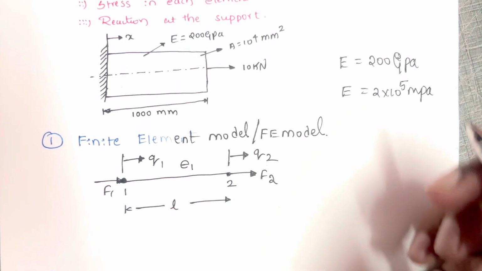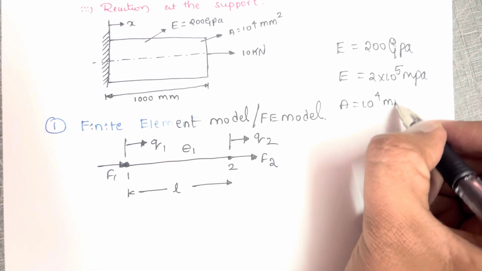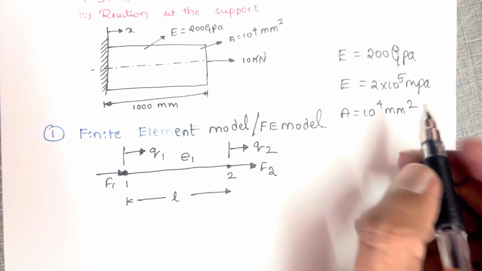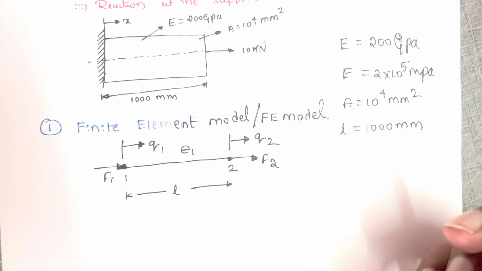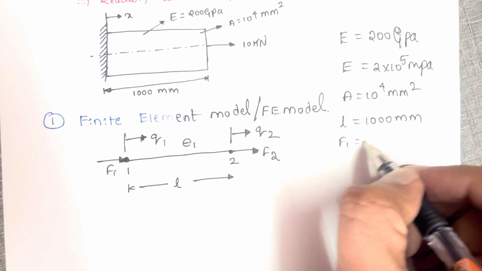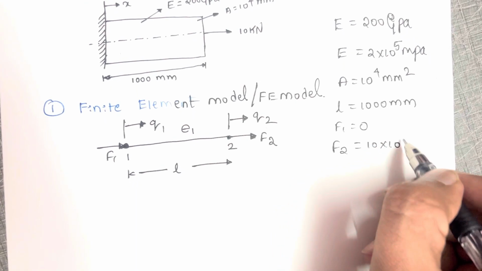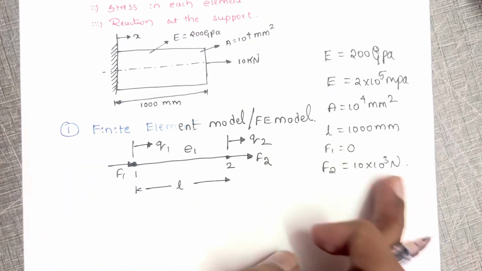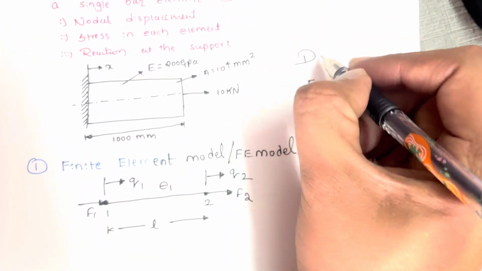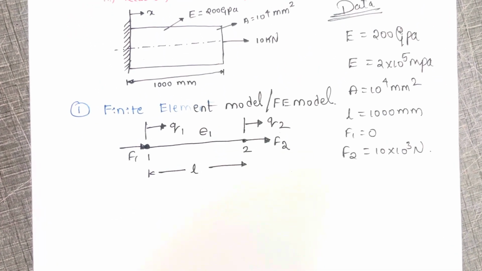Now area is 10 raised to 4 mm square, and L is 1000 mm, and F1 is 0, F2 is 10 into 10 raised to 3 Newton. Okay, so this is the question, this is the first step, and this is the given data. So we will go for the elemental matrix.